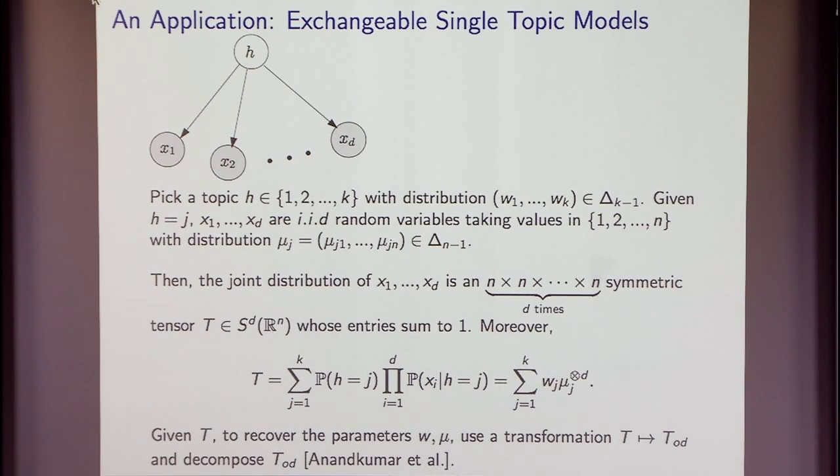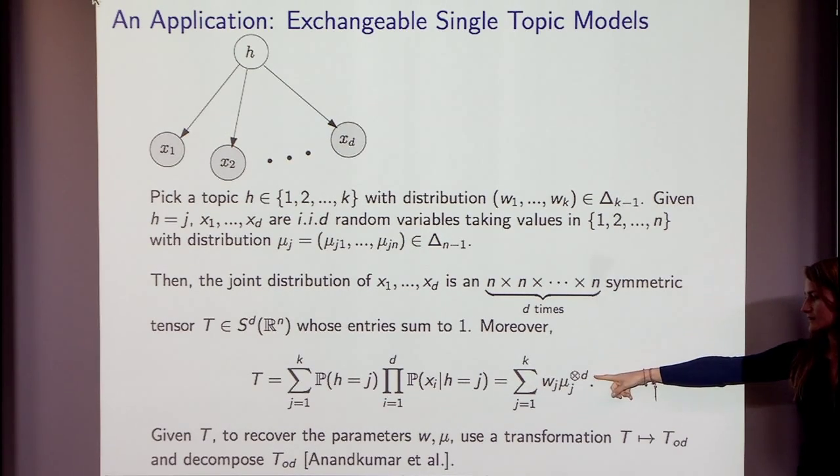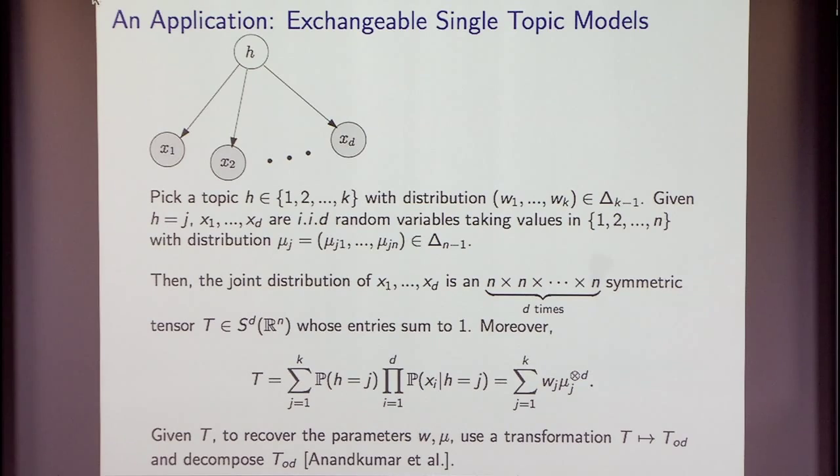They find the orthogonal decomposition, which can be done efficiently, as I'll describe later, and then they transform back to the tensor T. They can do this because they can choose to see the distribution of the first 3 words or the first 4 words, so they have a little bit more information than just this. They can look at this tensor by varying d, and that gives a little bit more information. They can transform it to an orthogonally decomposable one, decompose it, and then find the parameters.